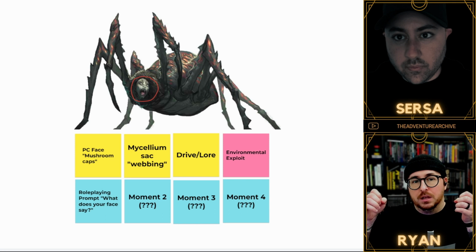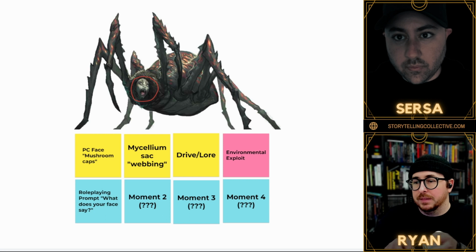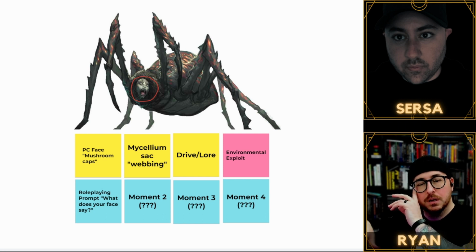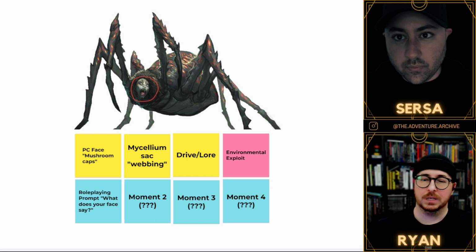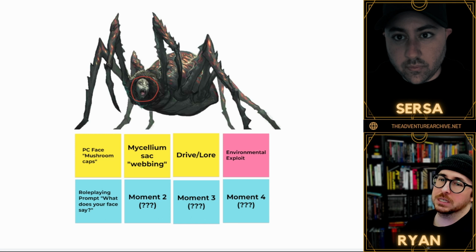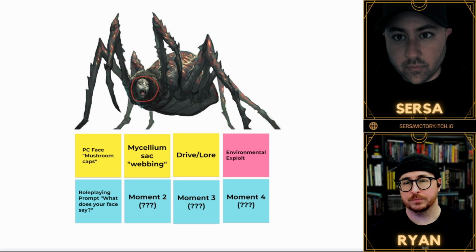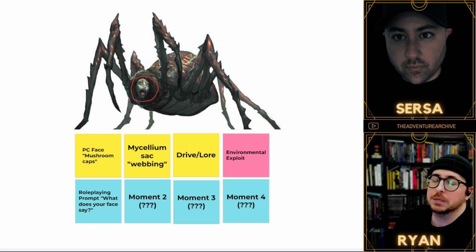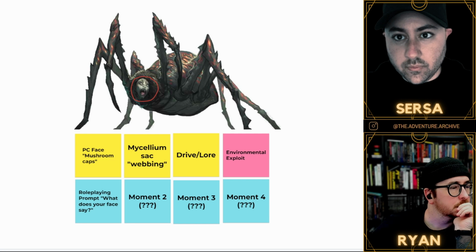Wherever it hits, it'll start actively growing out towards the other mycelium, and that's what keeps the connection of the mycelium growing. To me the biggest distinct thing could be that the body looks like one giant spore, but that feels so obvious. Obviously when we draw it, it's going to look mushroomy. I like the idea of the mycelium sac webbing, and then maybe we can flavor it up a little bit later. I dig it. So let's get a moment in the mix there.